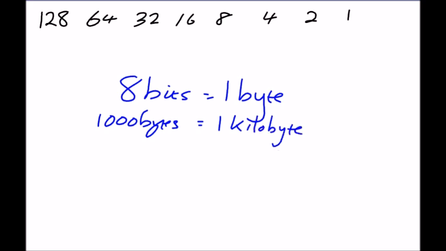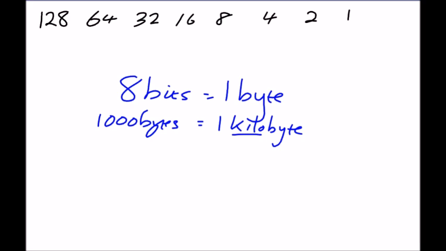You'll be familiar with that from kilometers, where the meter is the unit with kilo before it. Kilo is the unit that indicates the 1,000. And then we go on to megabytes and so on.